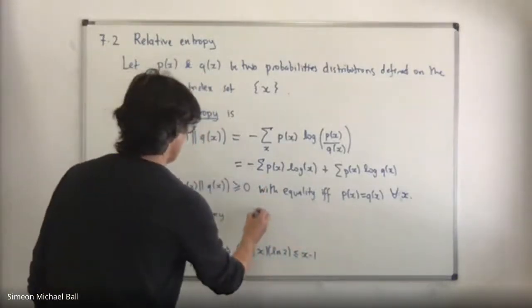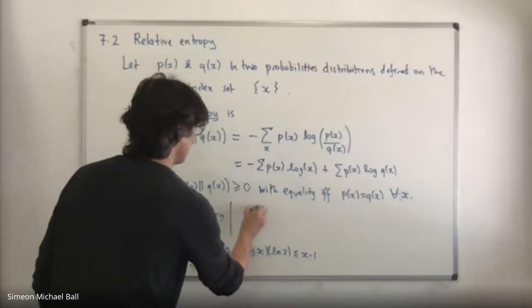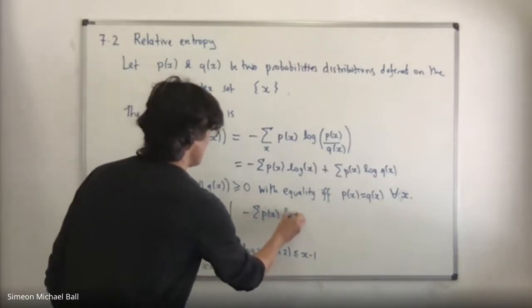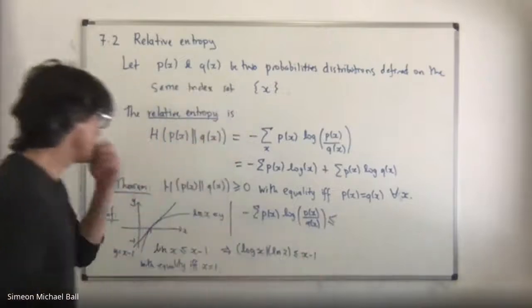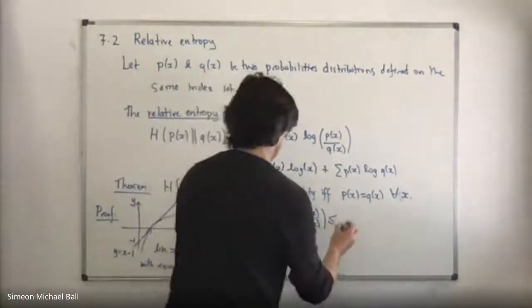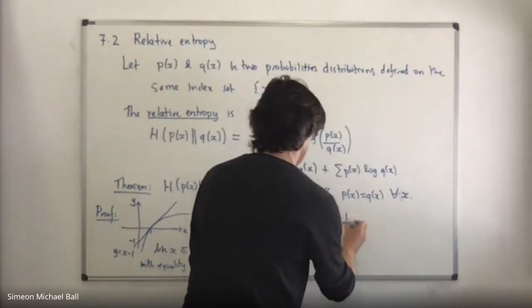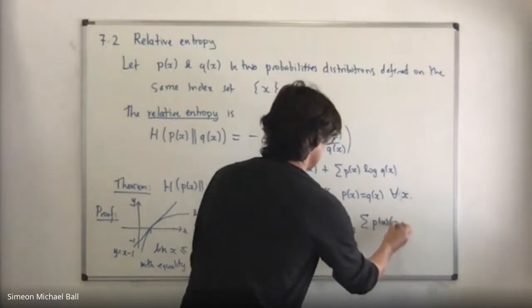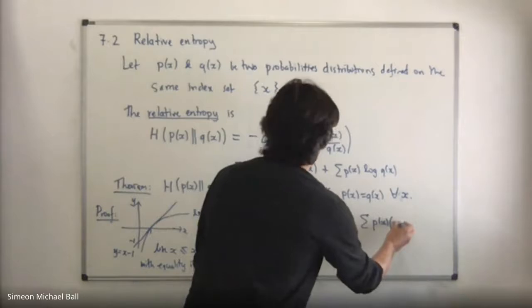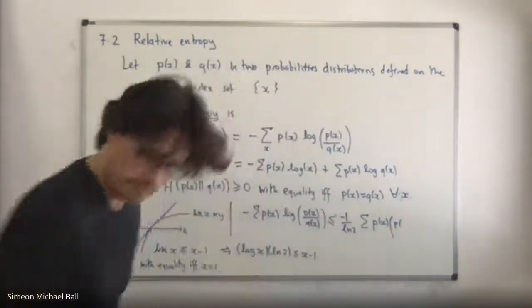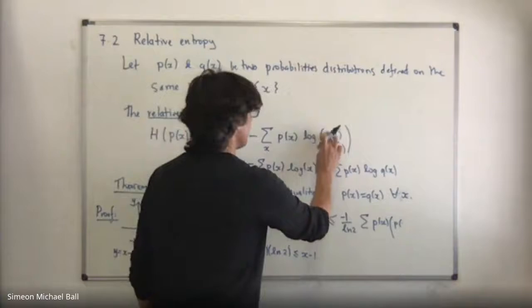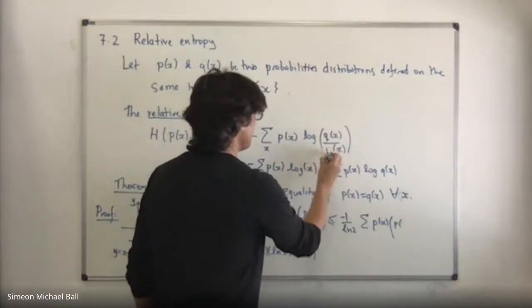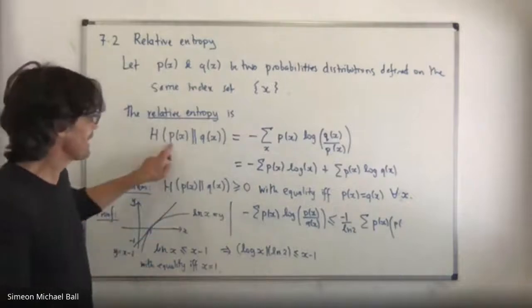So here we have the minus sum of p x log p x over q x is less than or equal to 1 over 2. Oh, I did it all the wrong way up. Oh, thank goodness for that. Now I see it's all the wrong way up because it doesn't work. Okay, so you should have corrected me.